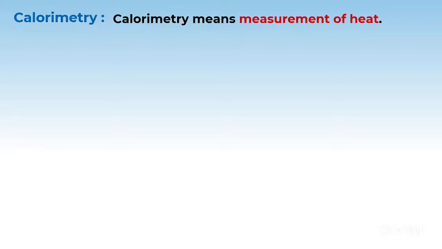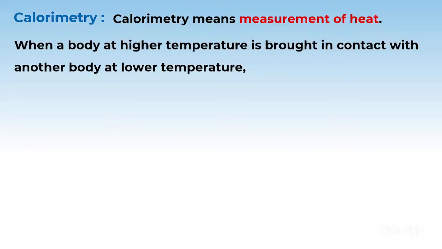So calorimetry means the measurement of heat, how to measure the heat, and basically the heat transfer we are talking about. ठीक है. अब देखो heat transfer कब होता है? Heat transfer happens when there is a difference in temperature. ठीक है. Whenever there is a difference in temperature, heat will flow from higher temperature to lower temperature. Got it?